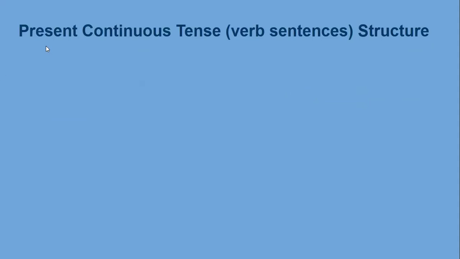So, the present continuous tense verb sentences structure, meaning that we are going to have real actual verbs in our sentences in the present continuous tense. And first, we are looking at the positive verb sentence. Okay? We're looking at the positive verb sentence. So how is the structure?